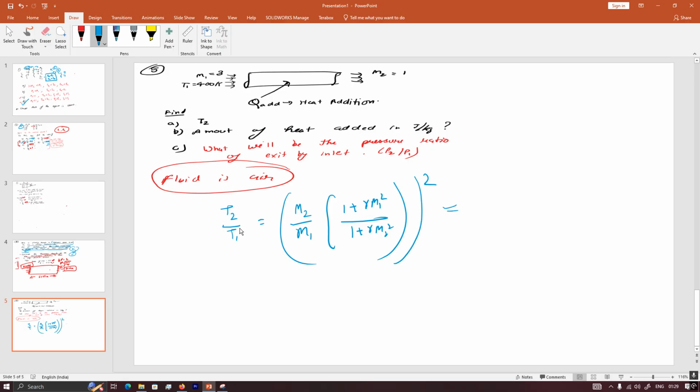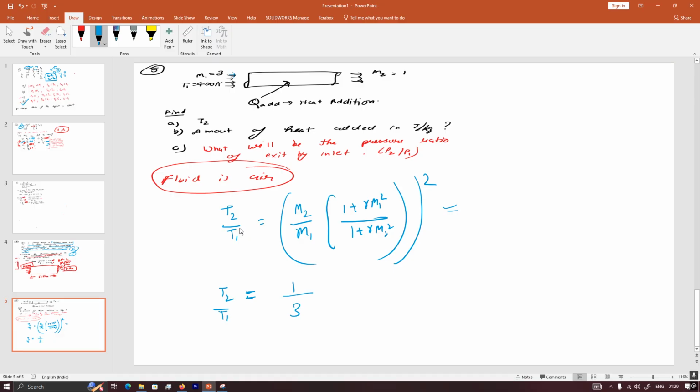So this is your relation of T2 and T1, and T2 can be calculated with this form. Here M2 is 1 and M1 is 3.